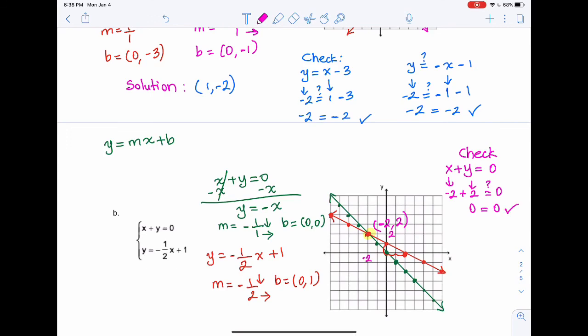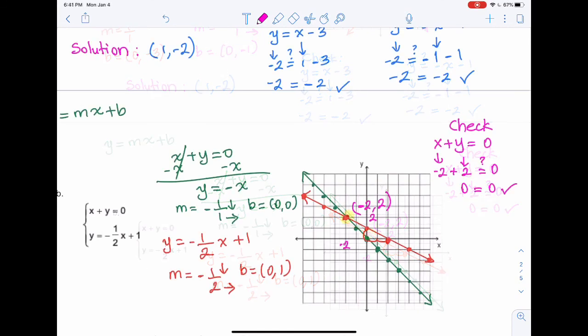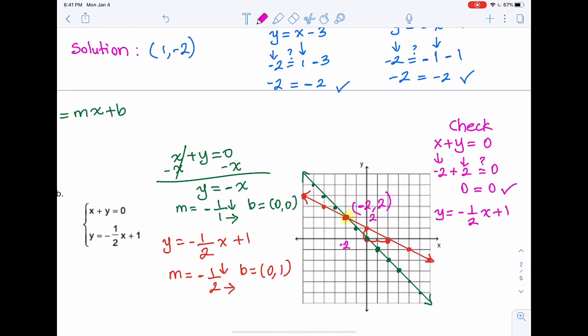So it worked for the first equation. Now let's check if it works also for the second equation. Our second equation is y is equal to negative 1 over 2 x plus 1. I'm going to plug in 2 for y and negative 2 for x.